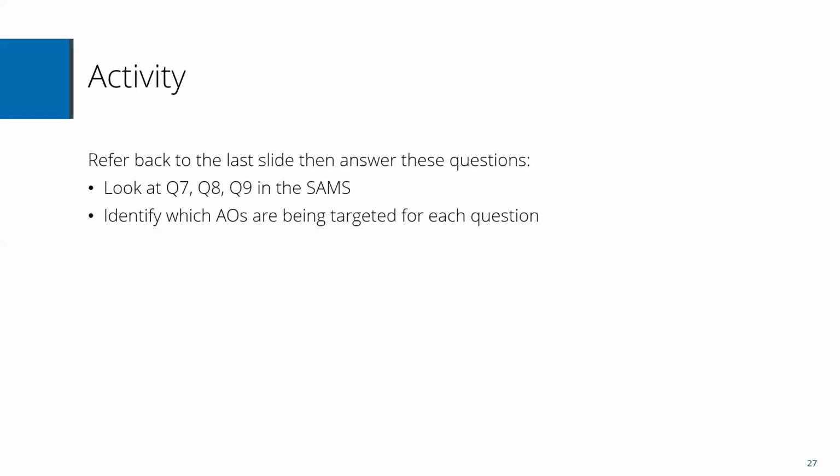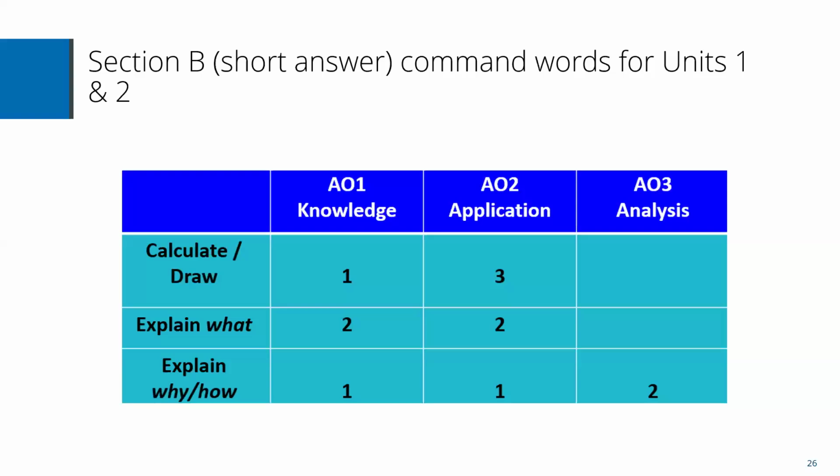So question 7 of the sample assessment materials, this is on page 9, says, to support the income of rice farmers, the Indian government introduced a guaranteed minimum price in 2016. Draw a diagram to illustrate the impact of the introduction of the minimum price on the market for rice.